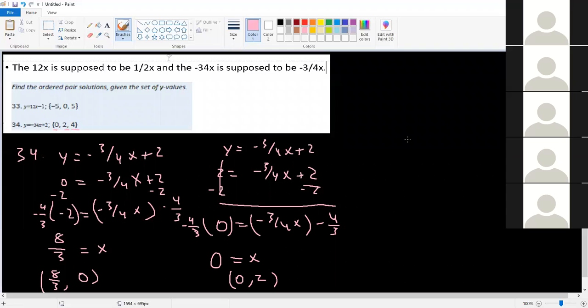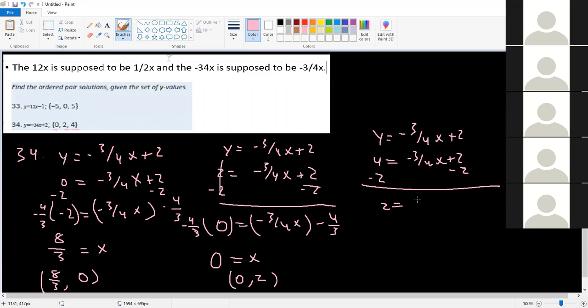Last one, y equals negative 3 over 4x plus 2. 4 is our y value. Subtract 2, subtract 2. 2 equals negative 3 over 4x.